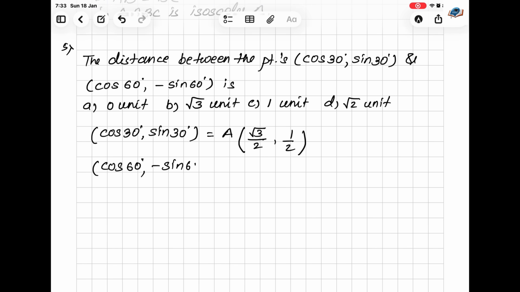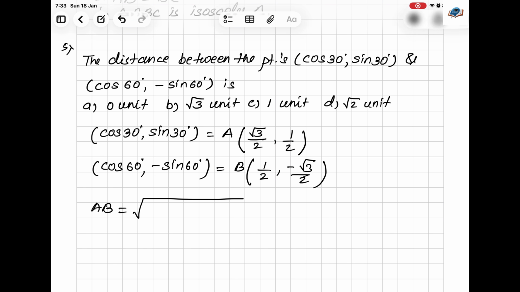So that will be B, and the point will be (1 by 2, minus root 3 by 2). So now to find distance AB, again the distance formula: square root of (x2 minus x1) whole square plus (y2 minus y1) whole square.